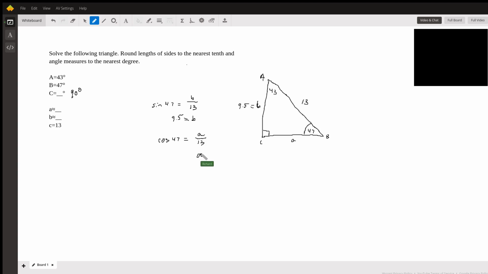And so little a is going to be 13 cosine 47 is 8.9.